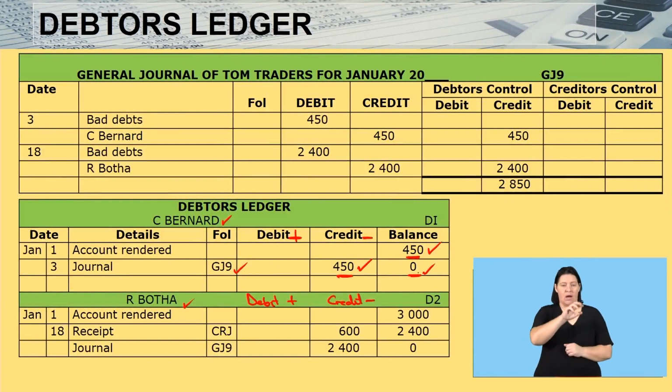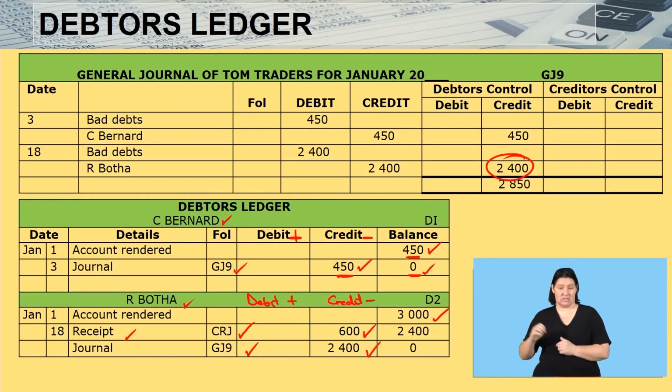If we look at Arbotha, it says 3,000 is what Arbotha was owing. We have received 20 cents in the rand, and that amount was 600. There is the receipt, and the amount must be recorded in the CRJ. When we are now writing off the bad debt, we are coming here and we're now saying from the GJ, we now have the 2,400.